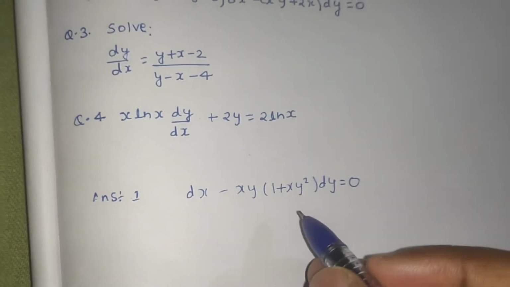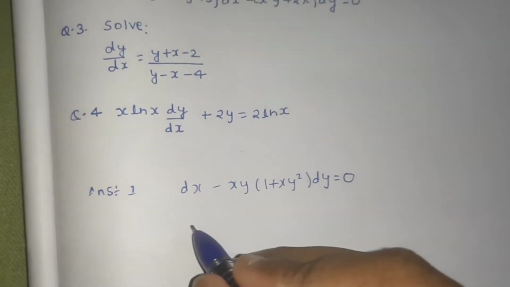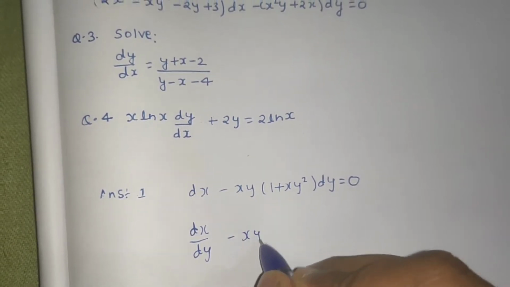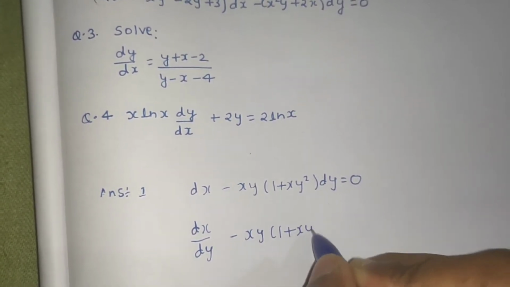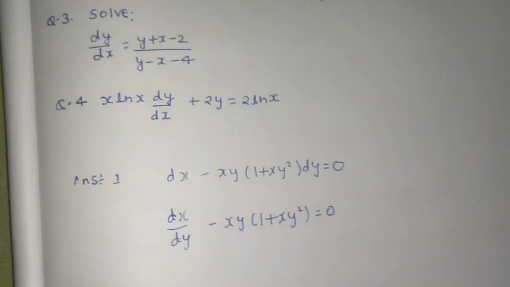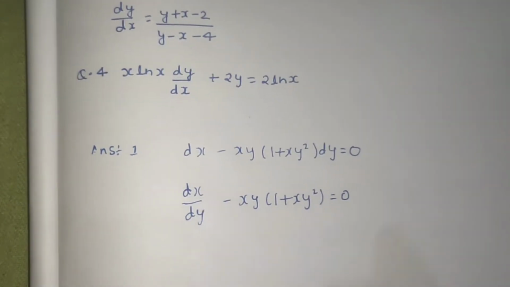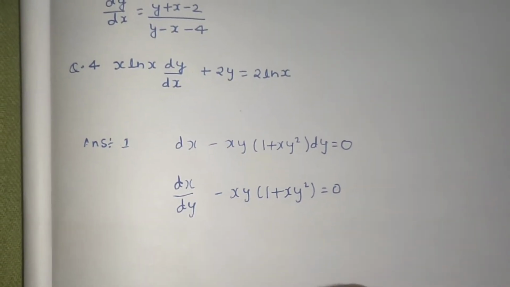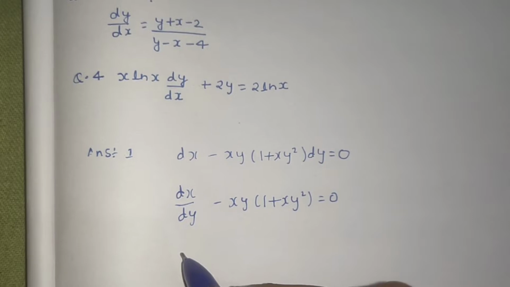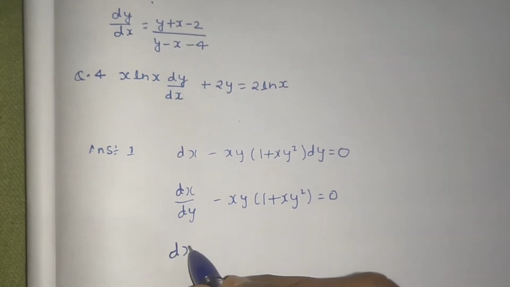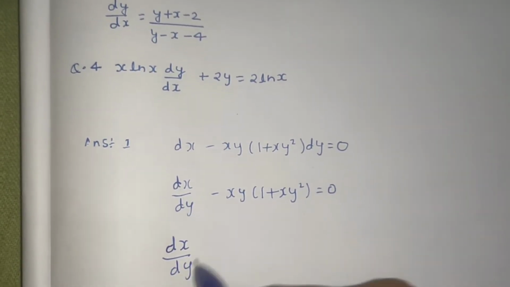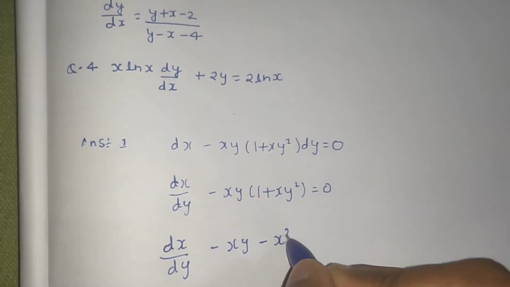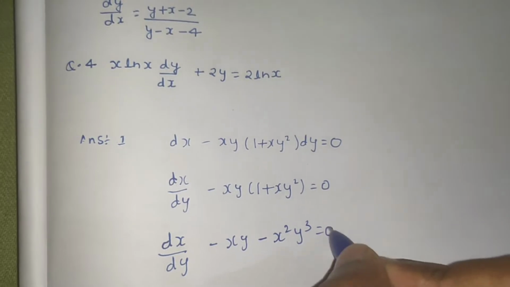Now if you divide throughout by dy, you will get dx by dy minus xy times 1 plus xy square equals 0. This just needs some simplification so that we can clearly see the linear differential form. So dx by dy minus xy minus x square y cube equals 0.